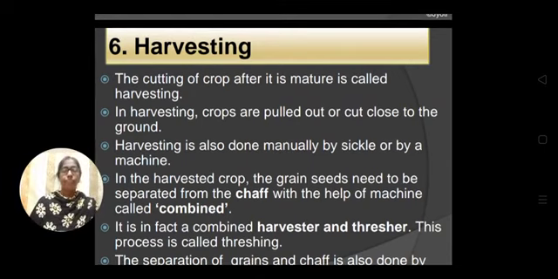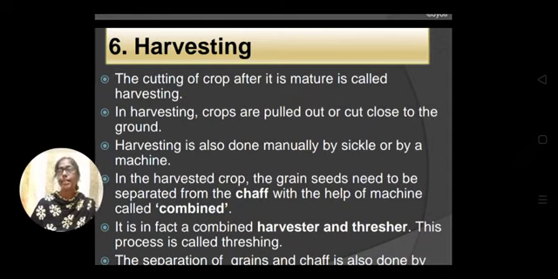After protecting from the weeds, the crops will grow properly, and once the crops are ripe, the crops are cut when they attain maturity, and this is called harvesting. In harvesting, crops are pulled out or cut close to the ground.